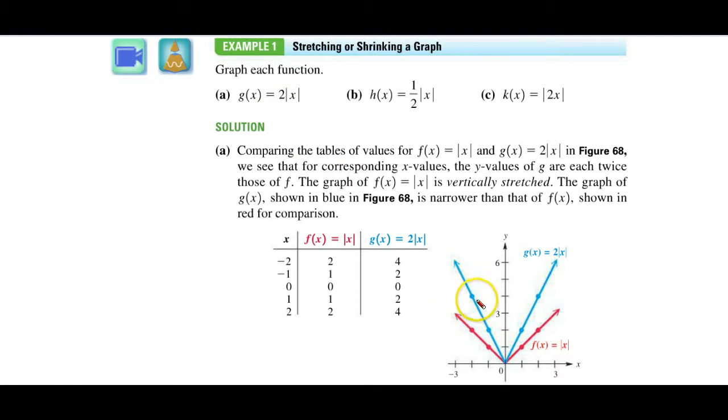Well, if we look at a graph here, our red line is the absolute value of x. So if we double these as we go through our graphing, we're going to get a value of x, then we're going to double it, which is what they show here. We get new points.